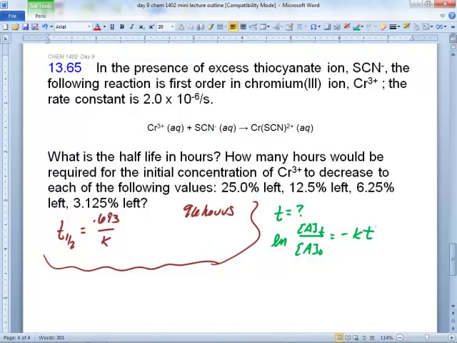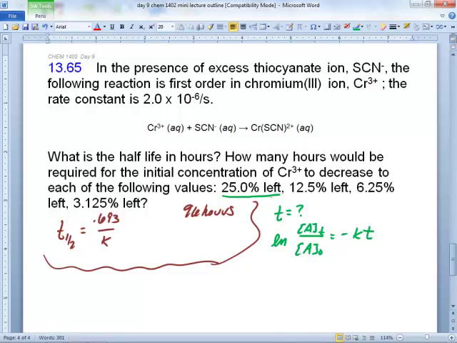So there's a couple ways we can do this. One is when it says 25% left, what could you do? Multiply by 0.25.